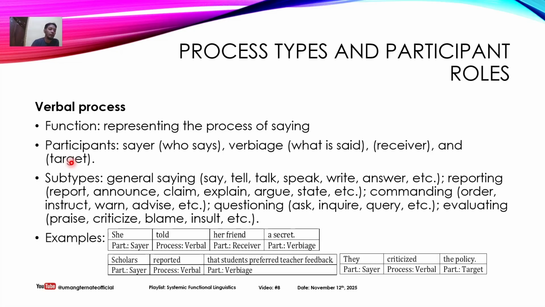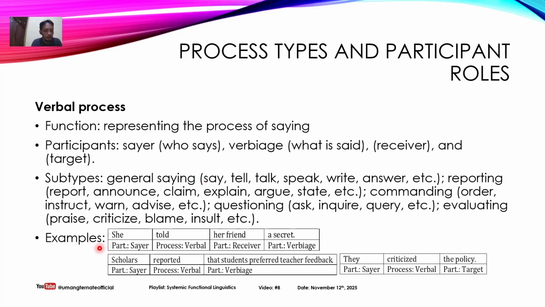Okay, we can see some subtypes of verbal process: general saying, reporting, commanding, questioning, and evaluating. And in the parentheses, you can see the common verbs to use in each subtype.